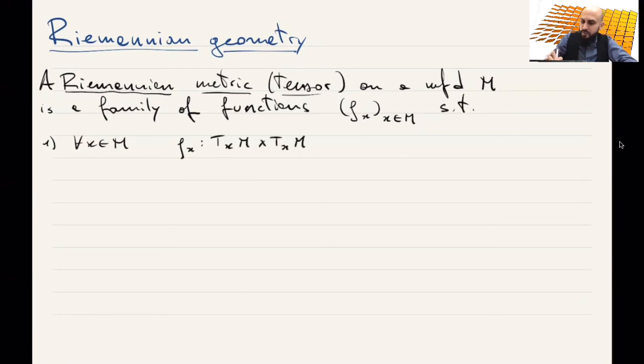So the variables are pairs of vectors at the same point x, and it gives a real number.